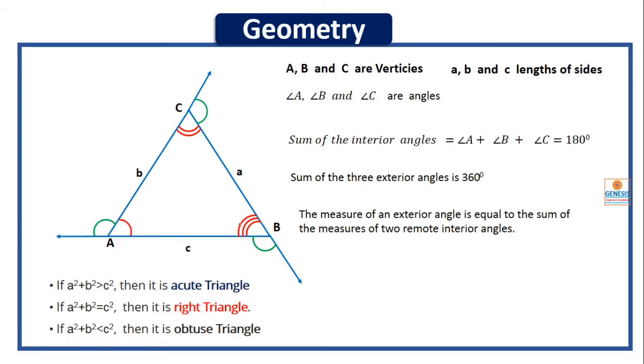Next, let us get to know the terms here. A triangle has three vertices: A is one vertex, B is one vertex, and C is one vertex. The side opposite angle A is a, the side opposite angle B is b, and the side opposite angle C is c.